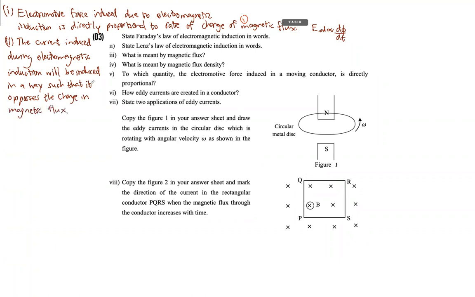If you are trying to induce an electromotive force by increasing the already existing magnetic flux, the induced current will create another magnetic field which is going to be in the opposite direction. Okay, so we have discussed that.